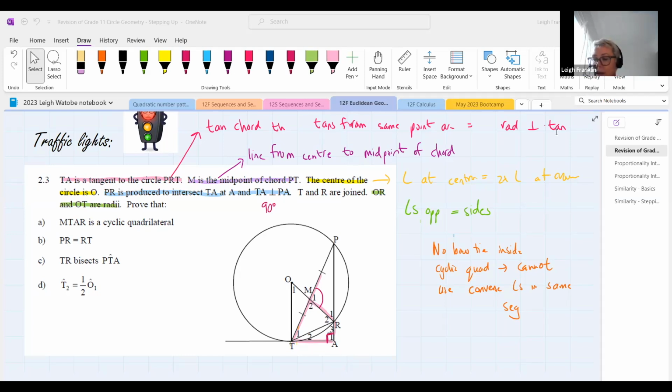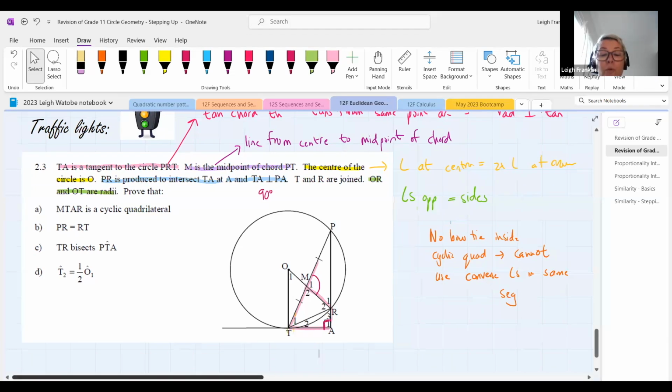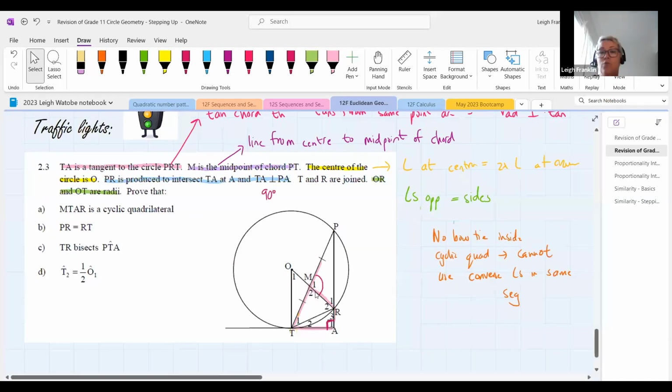Okay, so here we can use converse exterior angle of cyclic quad. This is how we have to set it out. When you are doing geometry, you are telling a story. It has to have an introduction, a body, and a conclusion, and it has to be in the correct order.